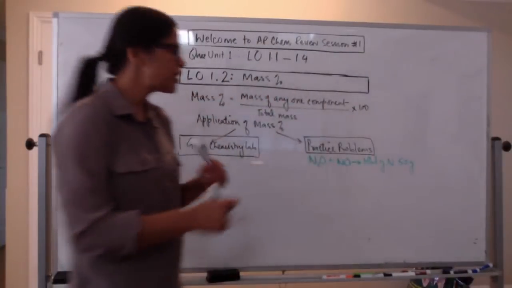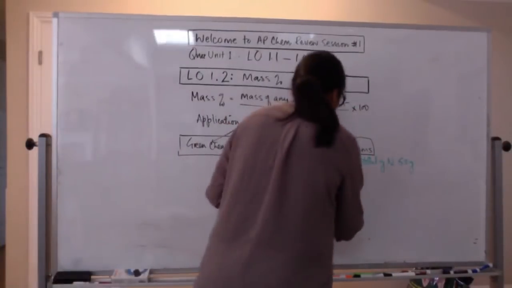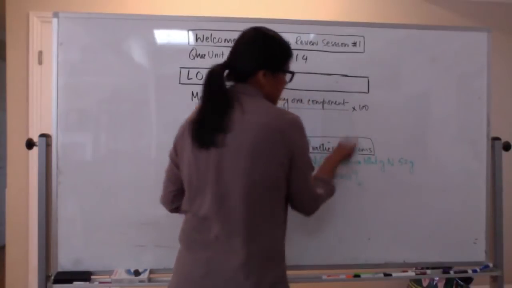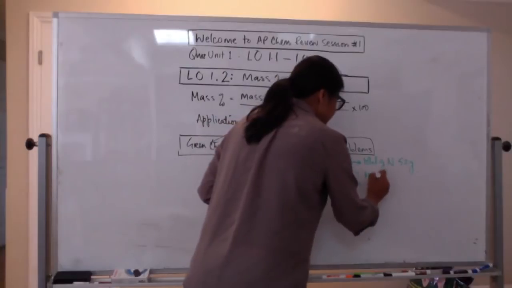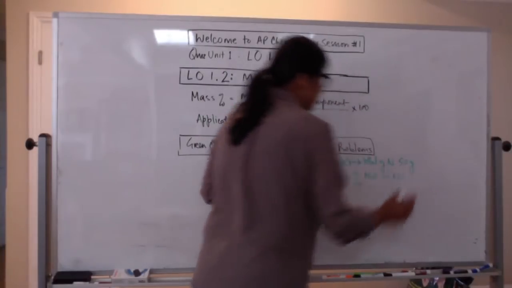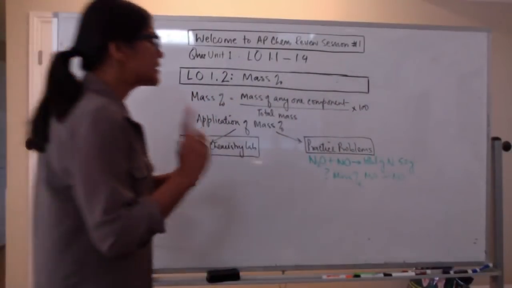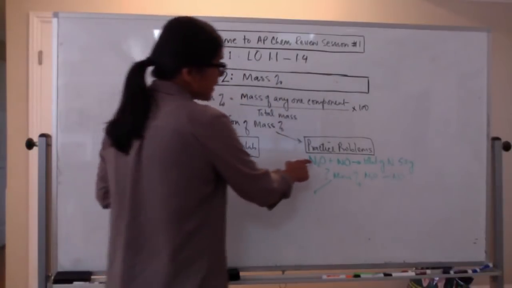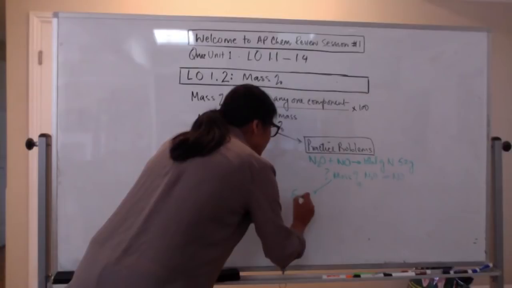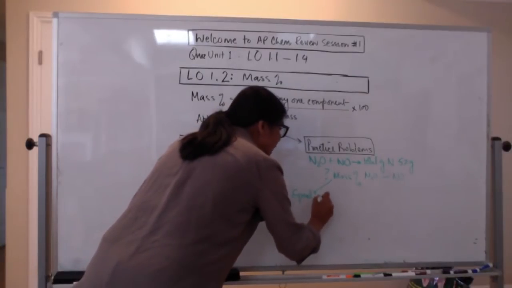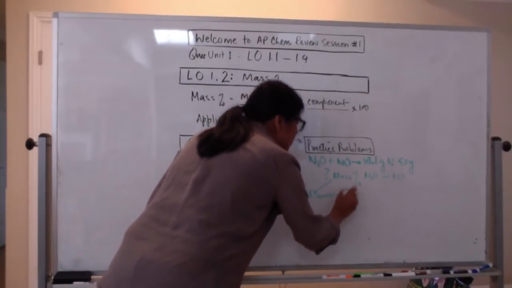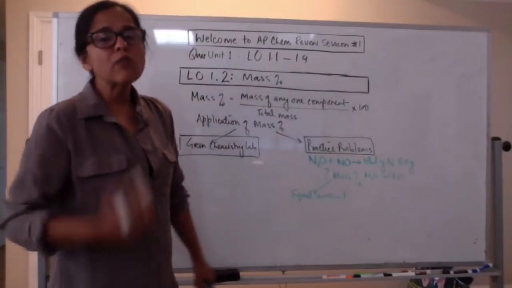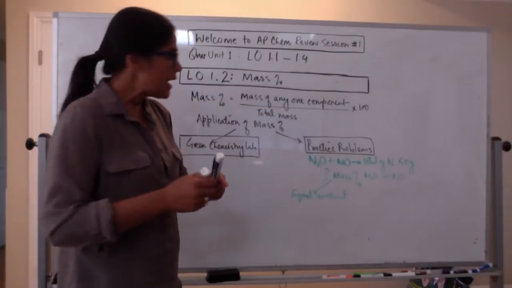I'm just making up numbers here. And then they will ask you, what is the mass percent of, they can ask N2O or NO, either. Now, they can ask these questions two ways. One of the ways, they say that N2O and NO are present in equal amount in a mixture where the total N is 52 grams, now find its mass percent.